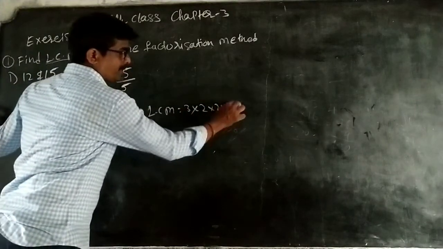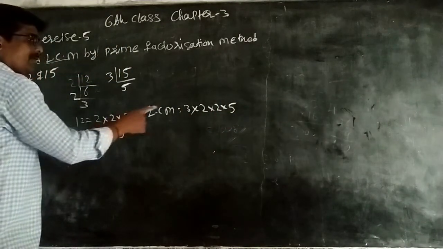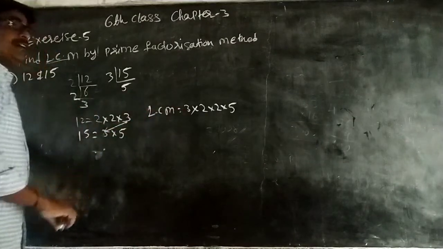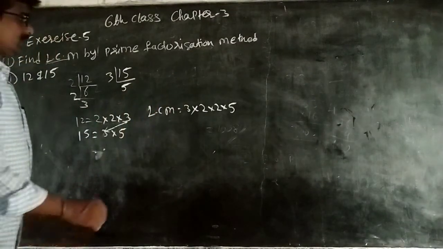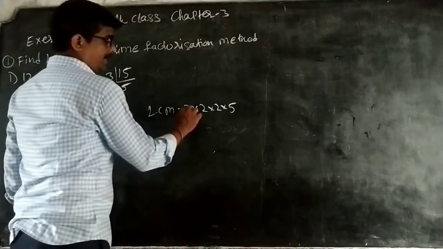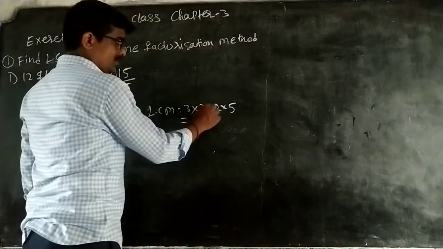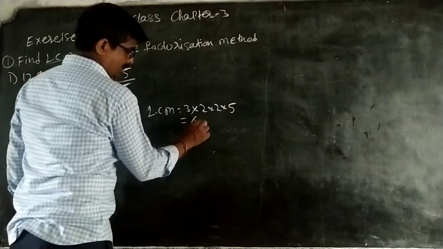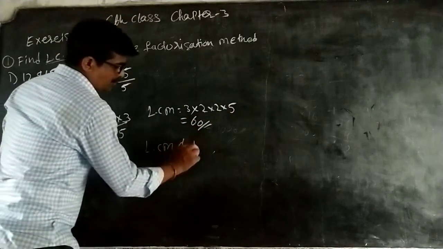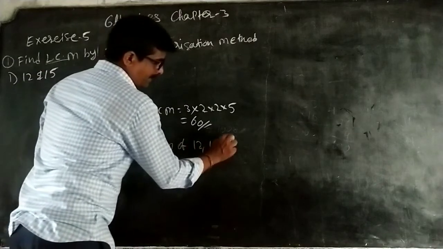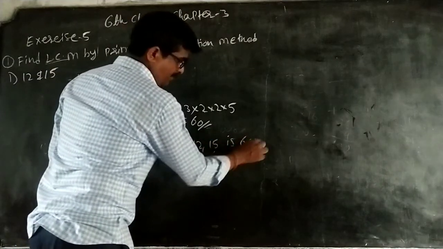Next 5. First take what is common, once only, then select those that are not common. That is 3 into 2 is 6, 6 into 2 is 12, 12 into 5 is 60. Therefore, the LCM of 12 and 15 is 60.